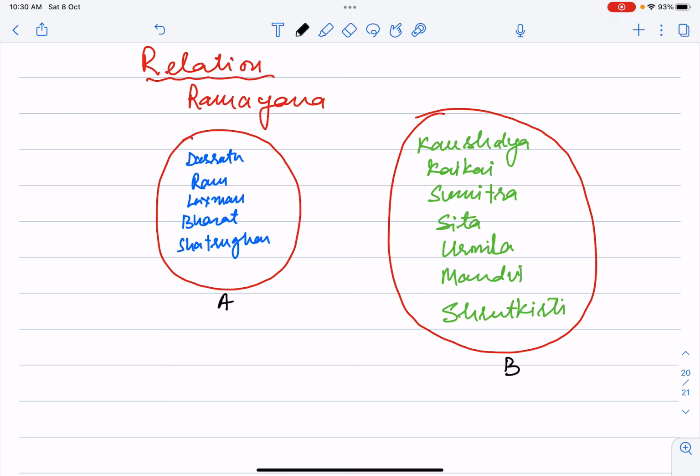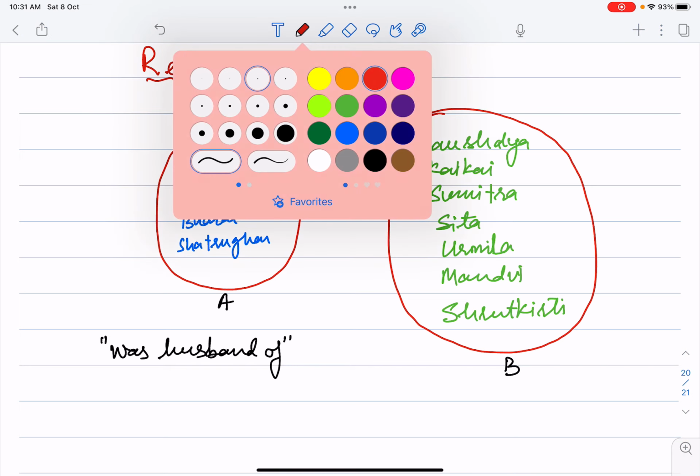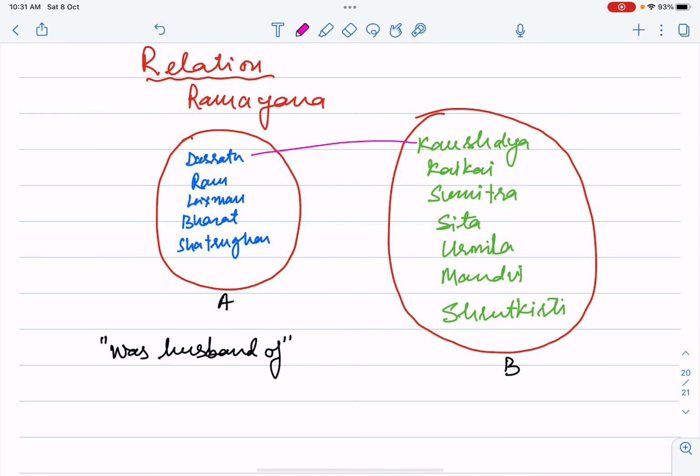Now suppose my relation is "was husband of". This is my relation. So Dashrath was the husband of Kaushalya, Kekai and Sumitra.